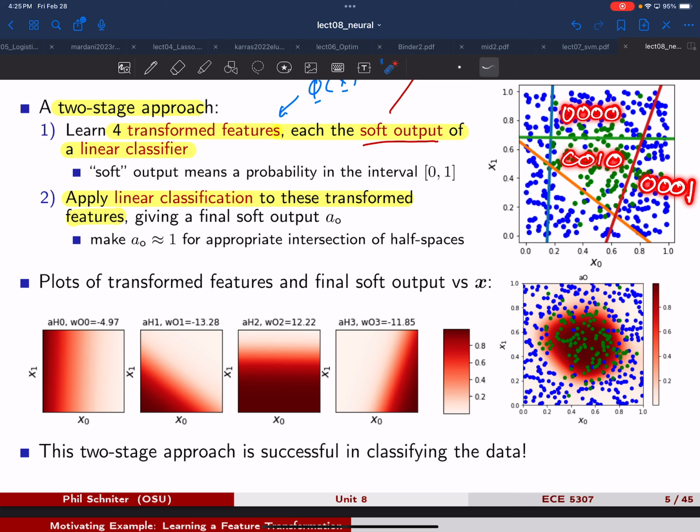So the job of that second stage is to detect those patterns, which it finally associates just one of those intersections of half spaces, you could say, with the green samples.